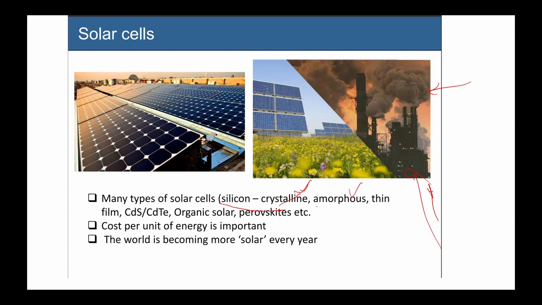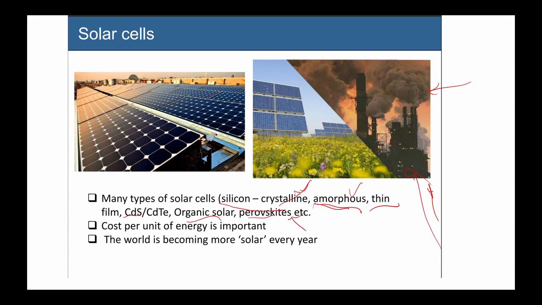Amorphous ones are cheaper, and the commercial applications you would see in your houses are amorphous silicon solar cells only. Another one is the thin film solar cells. Thin film solar cells include CIGS solar cells, cadmium telluride, cadmium sulfide solar cells, organic solar cells, and perovskite solar cells, which are gaining momentum these days.